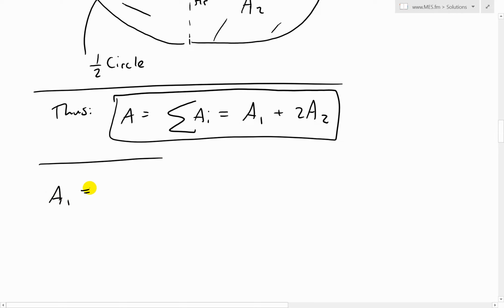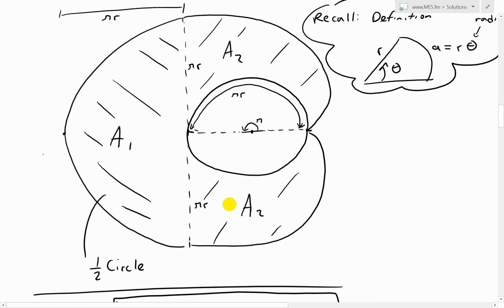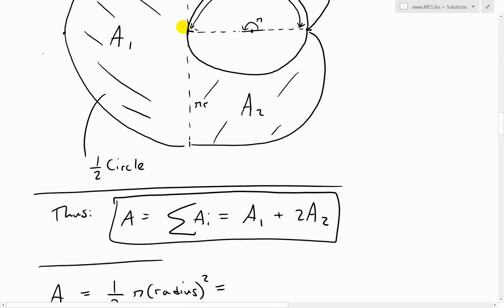A1 is half the circle area, so 1/2 of pi times the radius of that circle squared. That radius is just pi r, so it's pi r across, and at the bottom and everywhere it's just pi r.